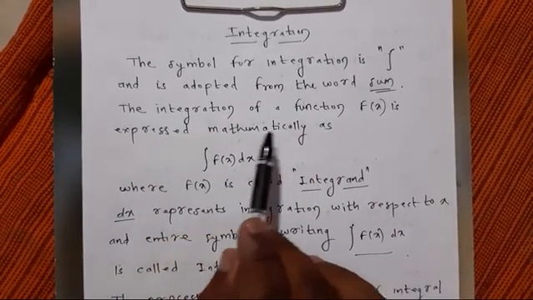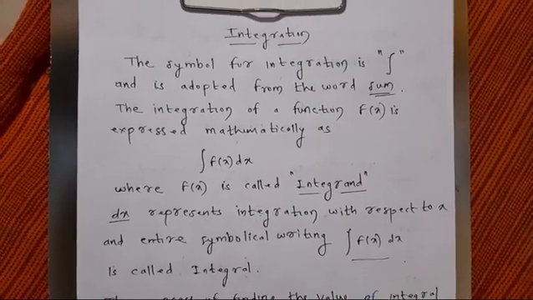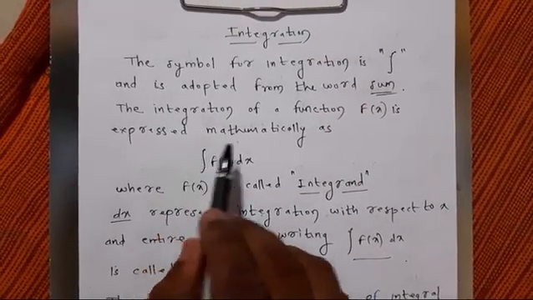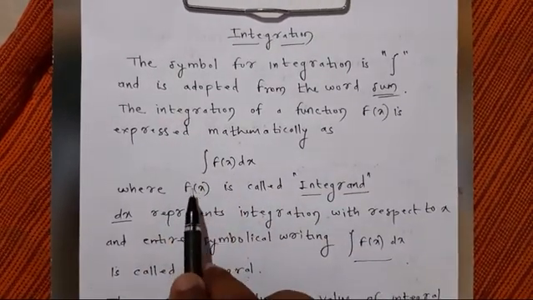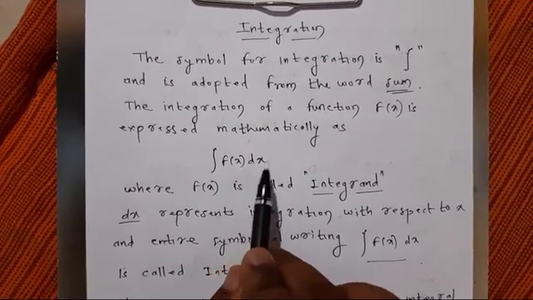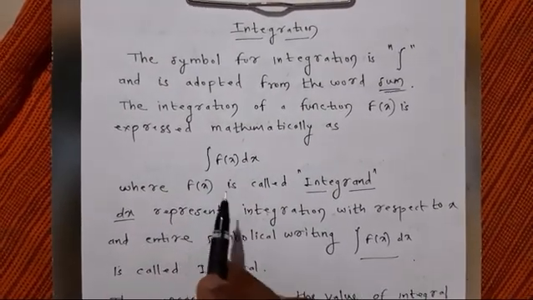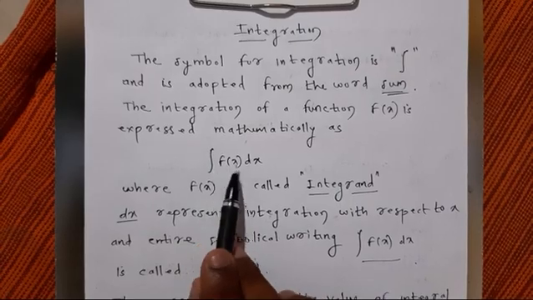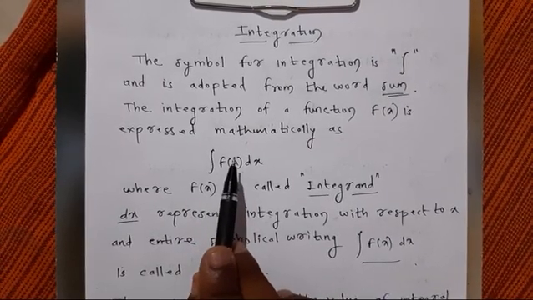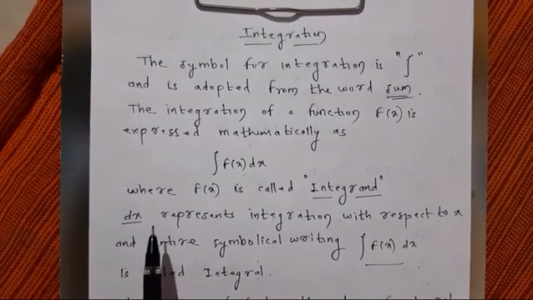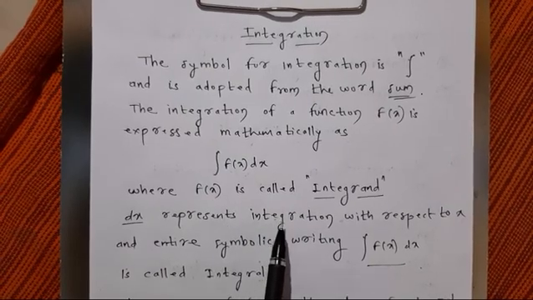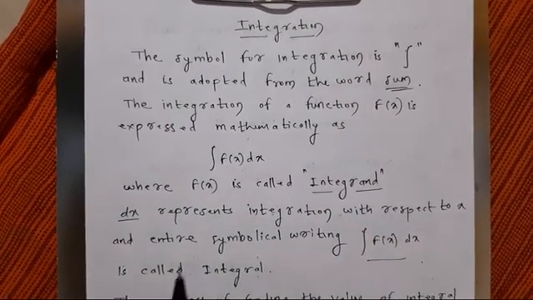The integration of a function f of x is mathematically expressed as integration of f of x into dx, where f of x is called the integrand and dx represents integration with respect to x.